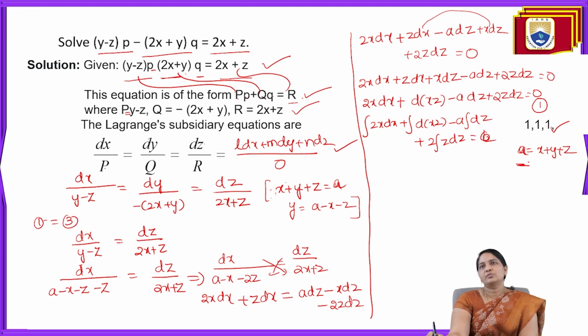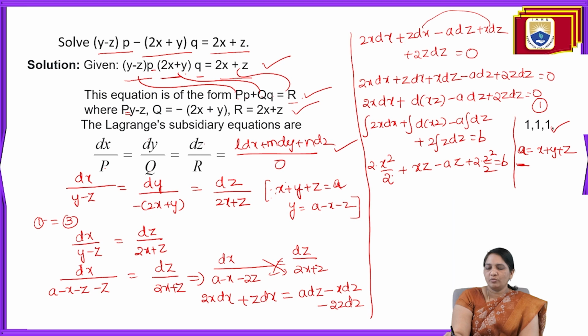I already took the first solution as constant equal to a, right? So here I am taking b. So 2 into integral x is x square by 2, plus integral d is cancelled, so xz, minus a integral dz is z, plus 2 into z square by 2 equal to b. So now the 2 will be cancelled. So x square plus xz minus az plus z square equal to b.